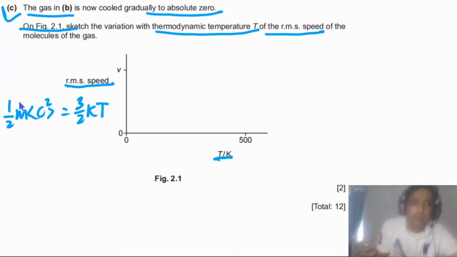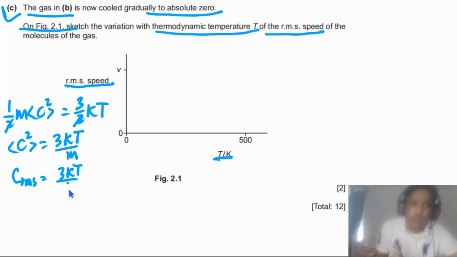We need to find the relationship between root mean square speed and temperature, so we can cancel this 2 with this 2. So the mean square speed in this case will be equal to 3kT divided by m. We need to find root mean square speed, so we have to take the square root on both sides.